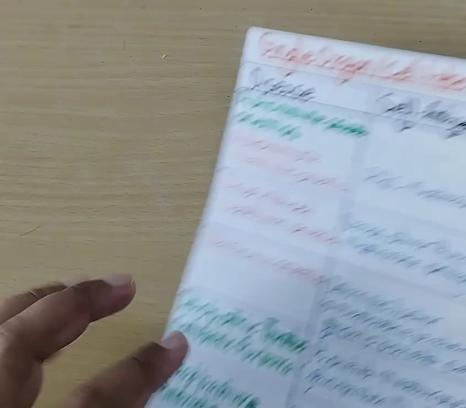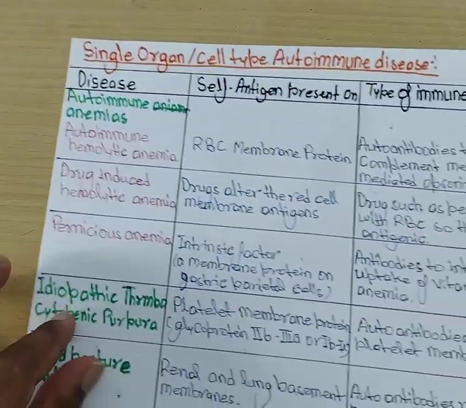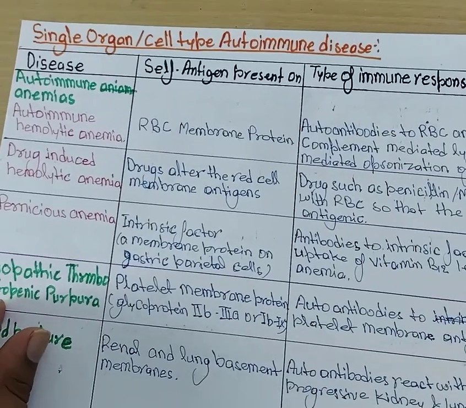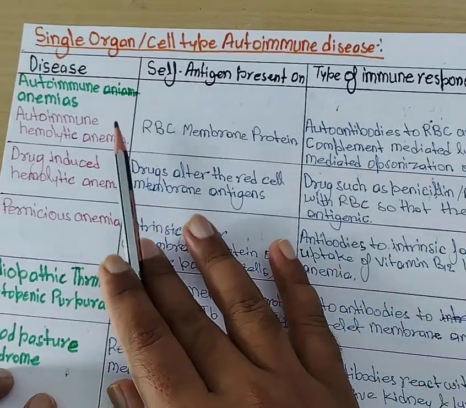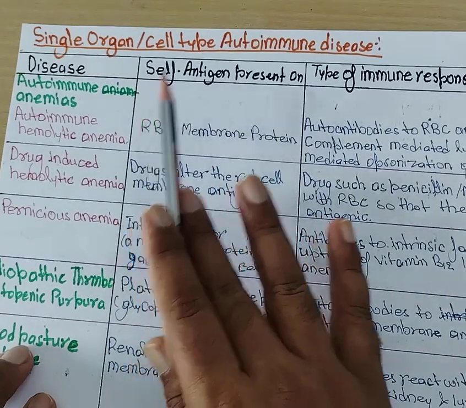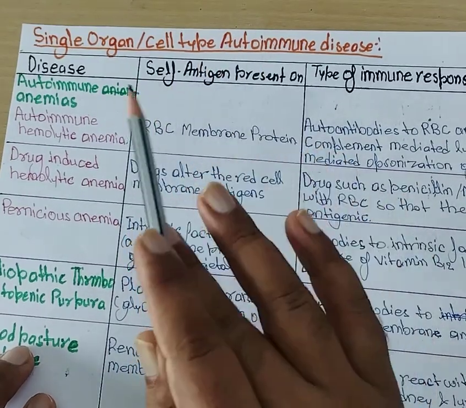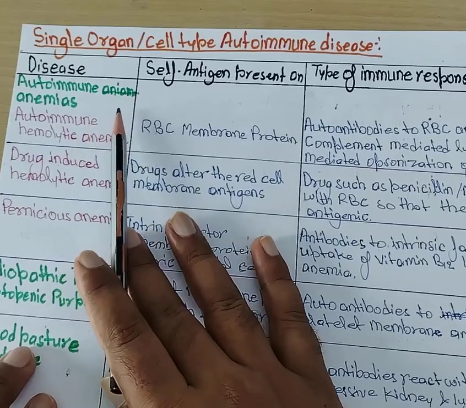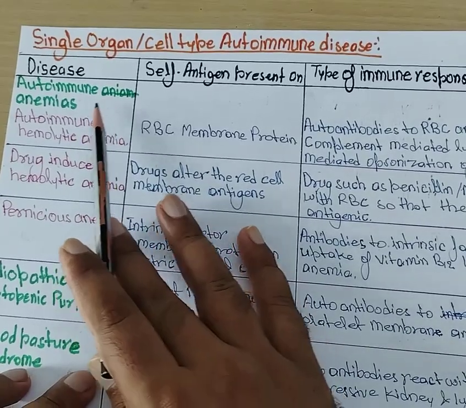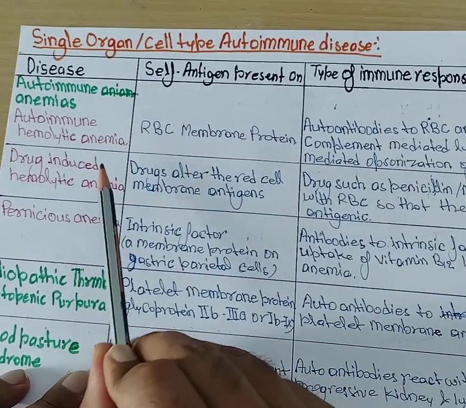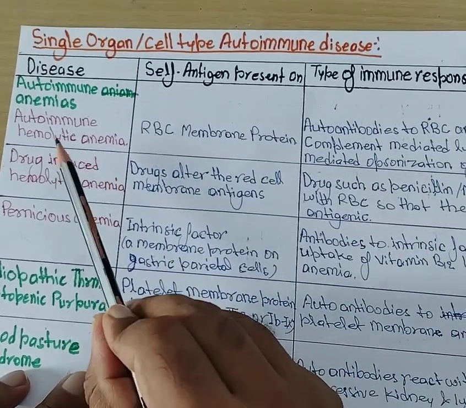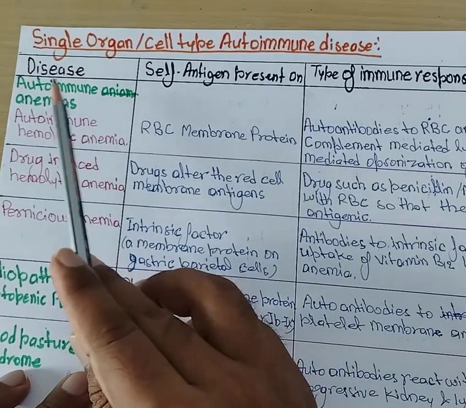Now we will see examples of autoimmune disease. This is the example of single organ or cell type autoimmune disease. First one is autoimmune anemias. What happens here in autoimmune anemias?